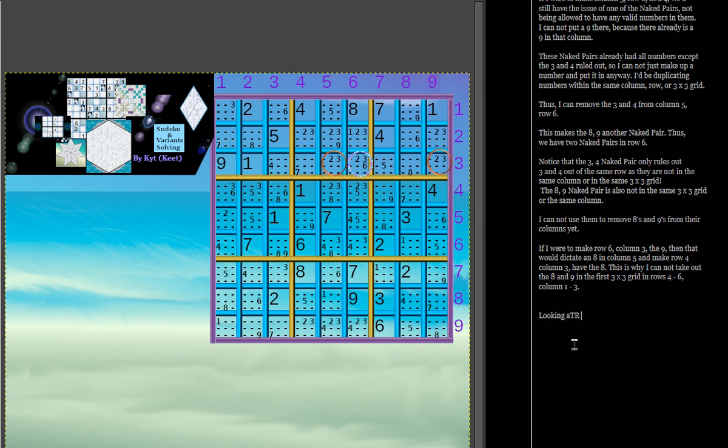Okay, looking at row 3, we have a pointing pair, the 2-3 combo. Notice that there is only 2 squares that only contain a 2 and a 3.